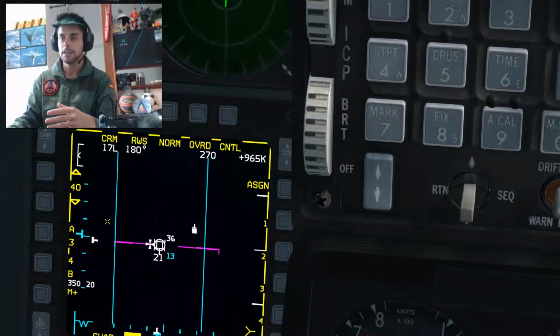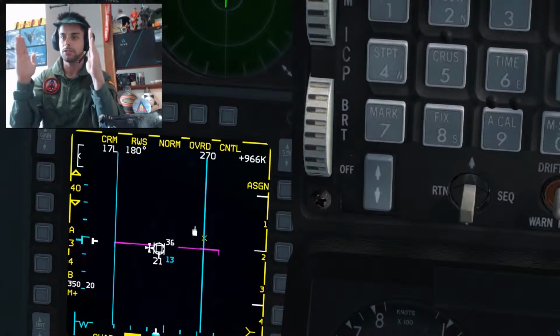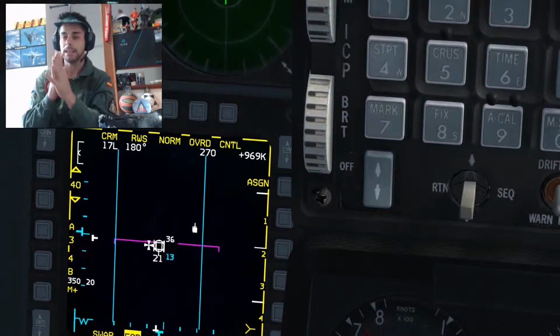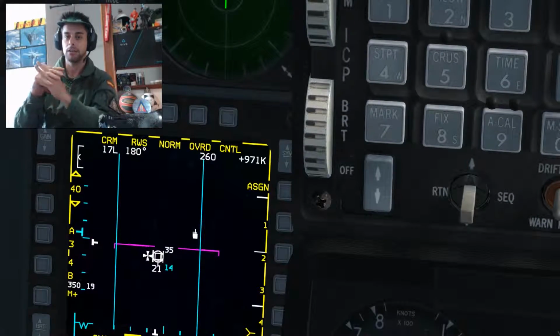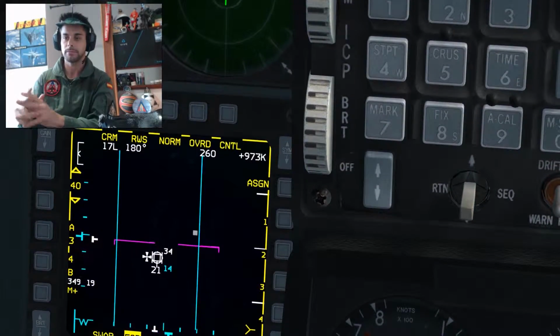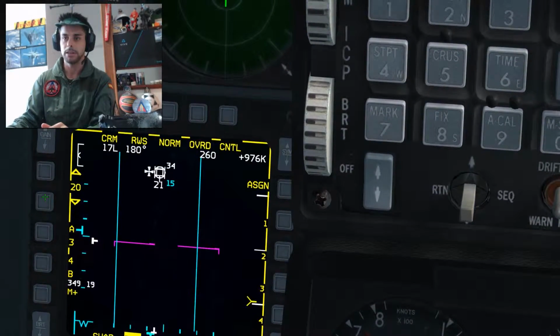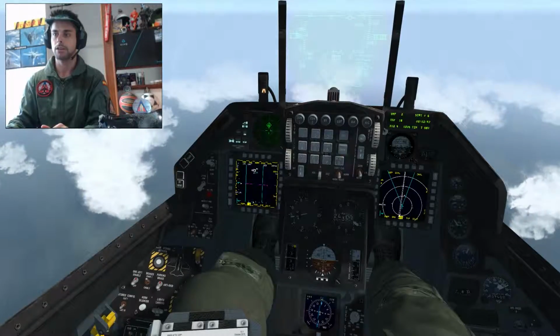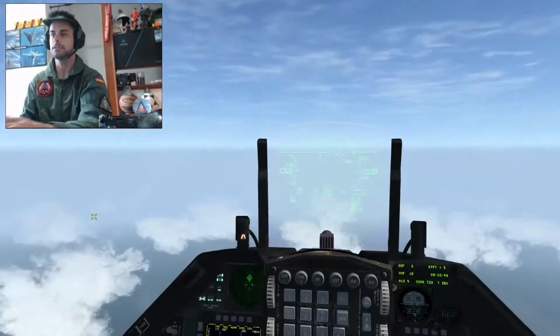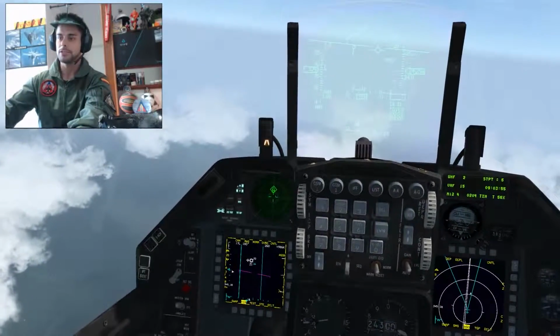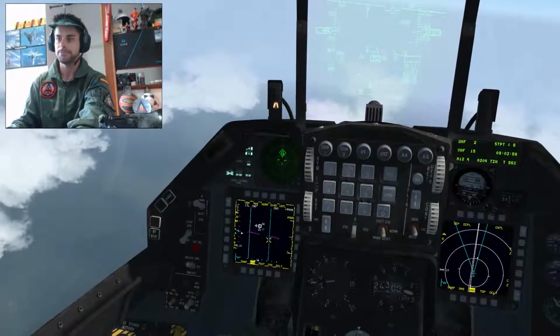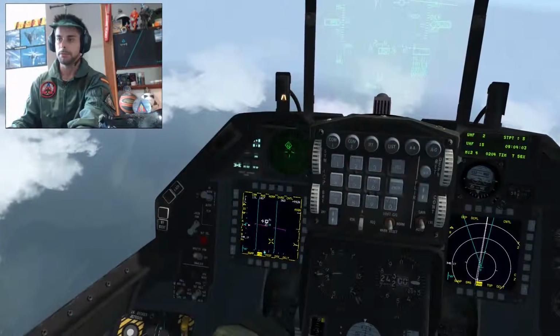As you can see, the Azimut bars are shorter until 5 miles, where the contact is going to be hard locked. Okay, at 5 miles the contact is going to be hard locked, as you are going to see in a few seconds, or maybe half a minute, sorry. Okay, shorter and shorter, as you can see there.